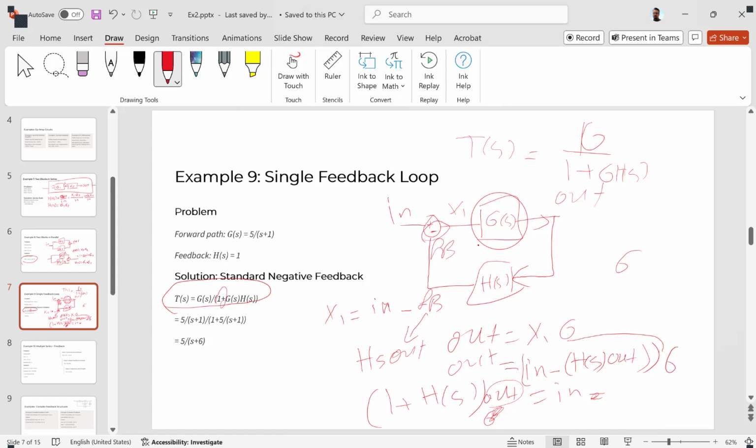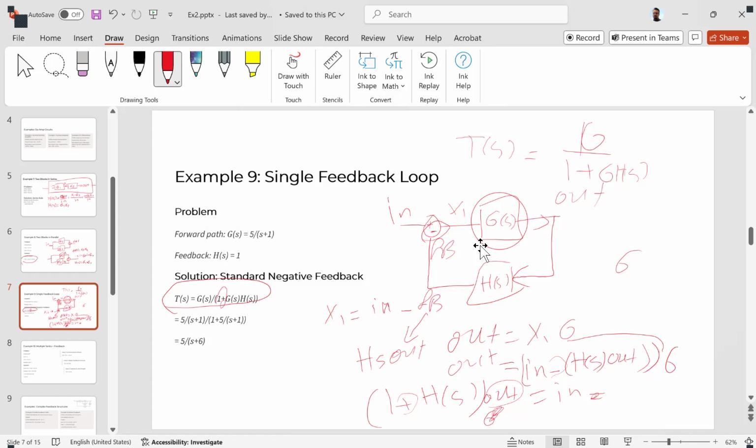If we have an addition in our feedback, so the input is getting added to the output times HS, this minus becomes plus, and this plus becomes minus. Does that make sense? Are we clear on that? Any question? Do you want me to repeat that? Okay.